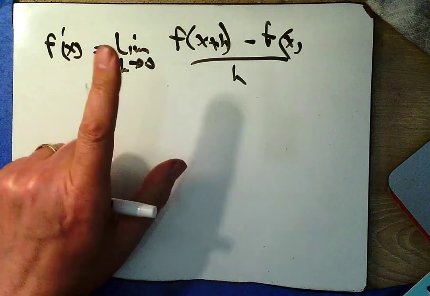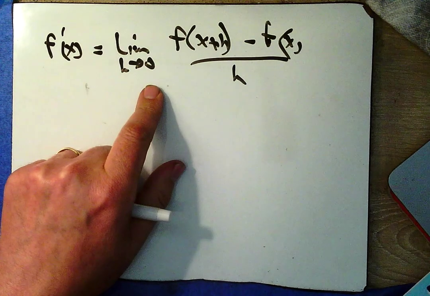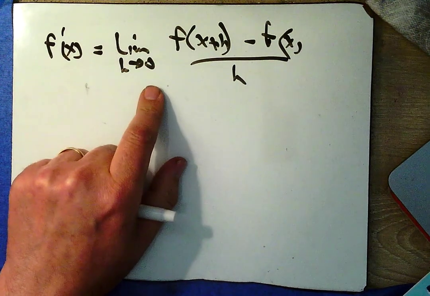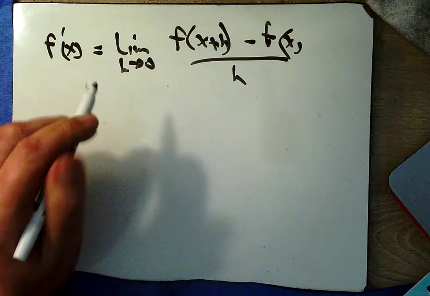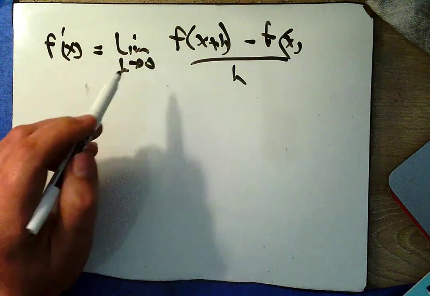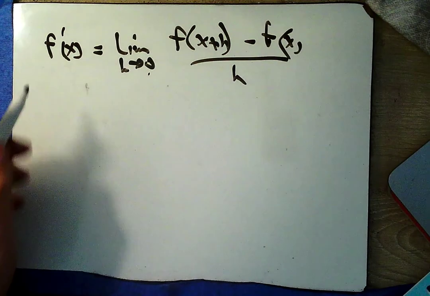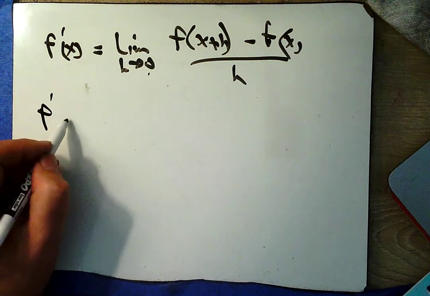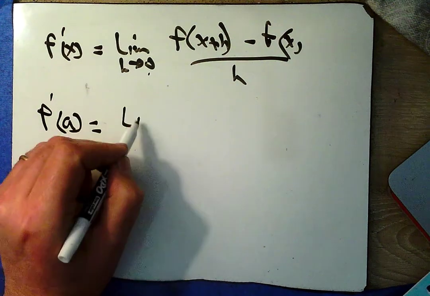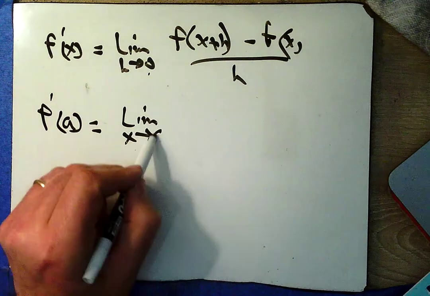And in order for this limit to exist, I need to know that the limit exists from both sides of 0. I think this is easier to show this way. Let's use this other limit definition of the derivative. It'll be a little easier on your brain.